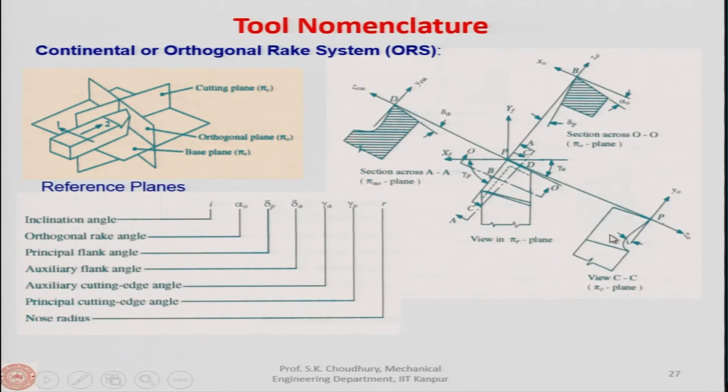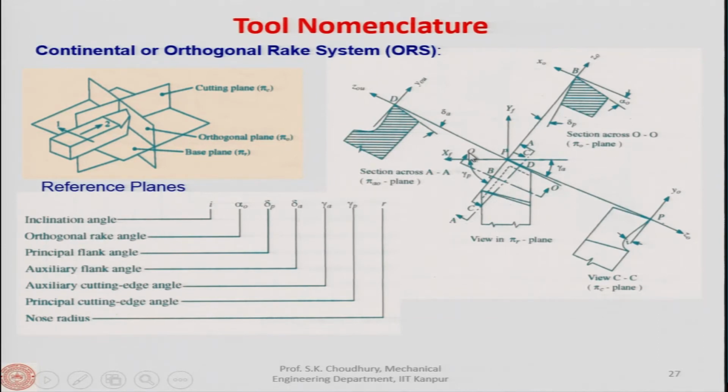In this view, this is the inclination of the rake face, and with respect to y0, this will be the angle which is called the tool inclination angle, which is I. This tool inclination angle is also called the angle of obliquity, which we will come to a little later. I will explain it to you.